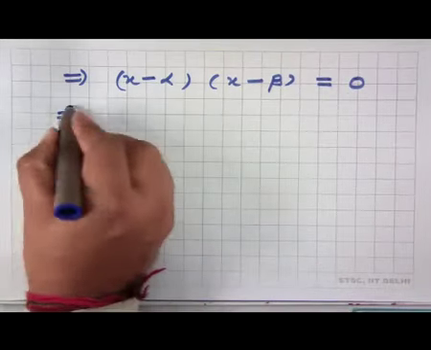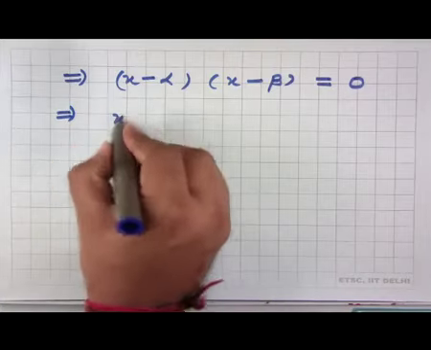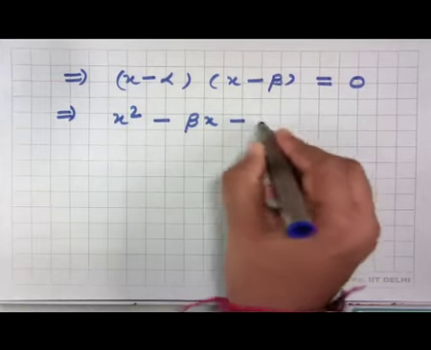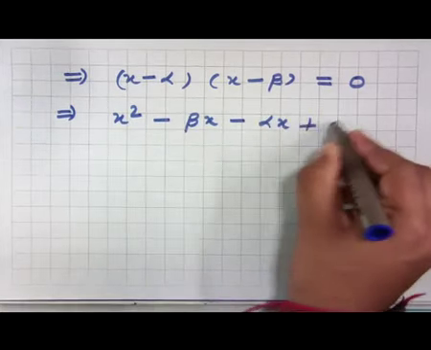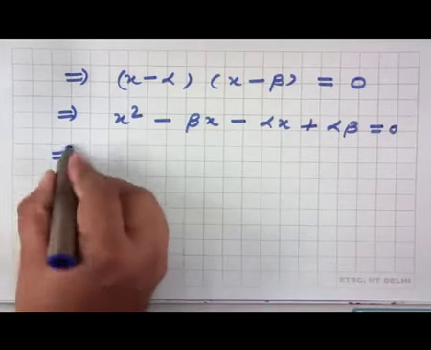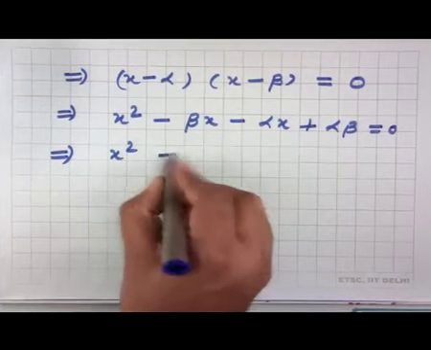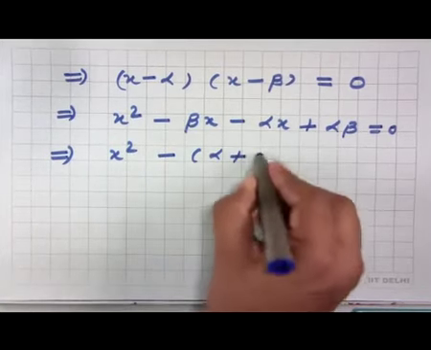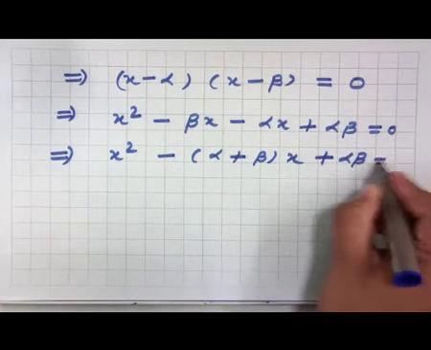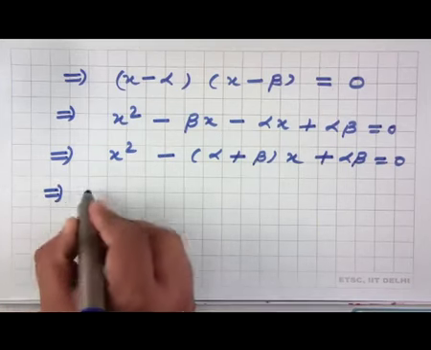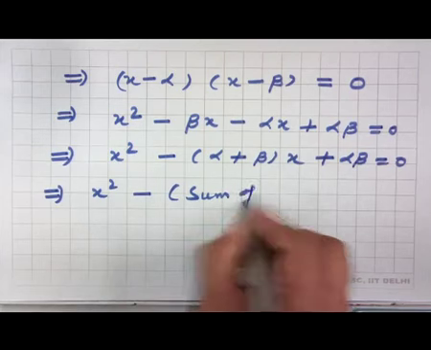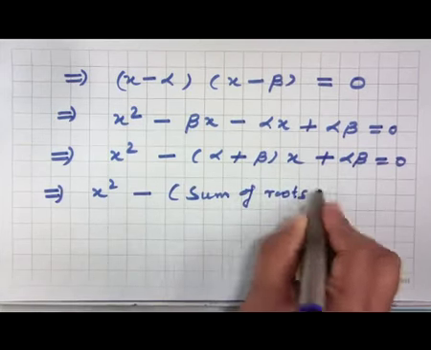Now, we shall multiply: x square minus beta x, minus alpha x plus alpha beta. This can be written as x square minus (alpha plus beta) x plus alpha beta equals 0. Now, the quadratic equation will be x square minus sum of roots, because alpha and beta are the roots.